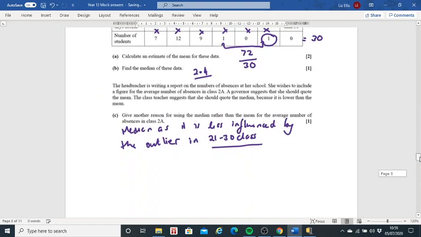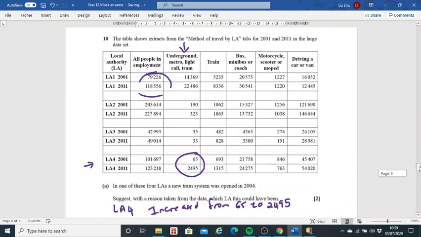Now, LA1. There's LA1. We've got an increase in population. Now, if you want to be smart about this and you've got the time, so this does depend on the time, you can work out what the ratio is. So on your calculator, if we just put 79 to 118, I've truncated the numbers because all I'm looking at is a ratio, and 79 to 118 is not going to be a particularly simple one.